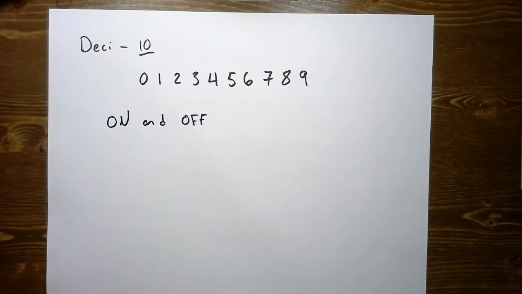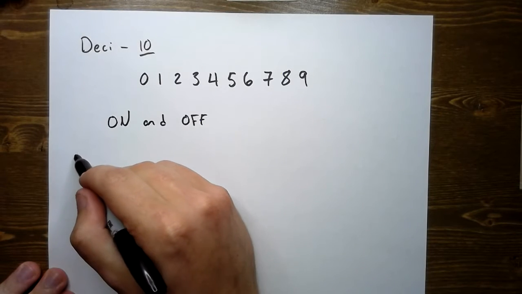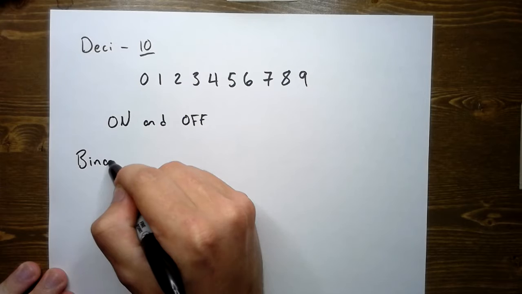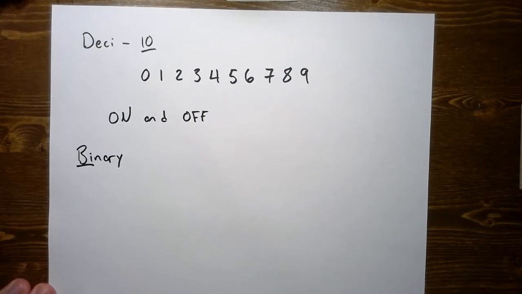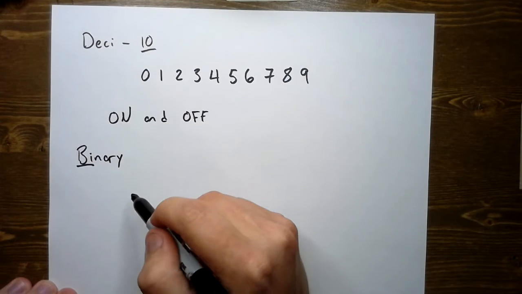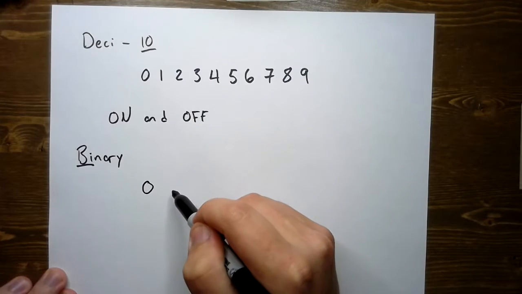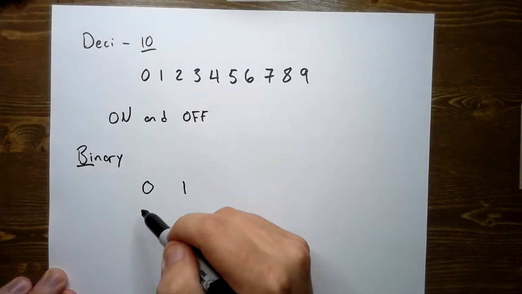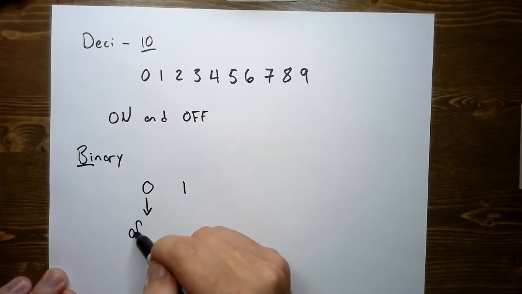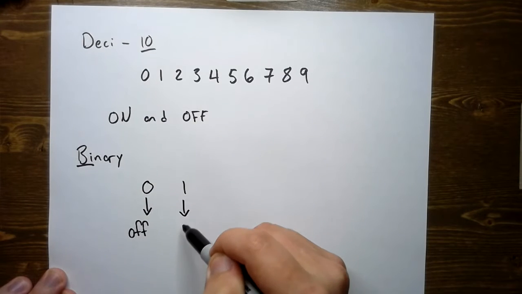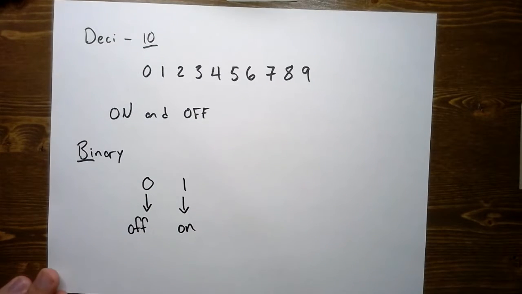So for digital electronics, those things can only turn on or off. So we use what we call the binary number system to represent that. Bi means 2. So in the binary number system, the only numbers you have are 0 and 1. And typically 0 represents off, and 1 would represent on.